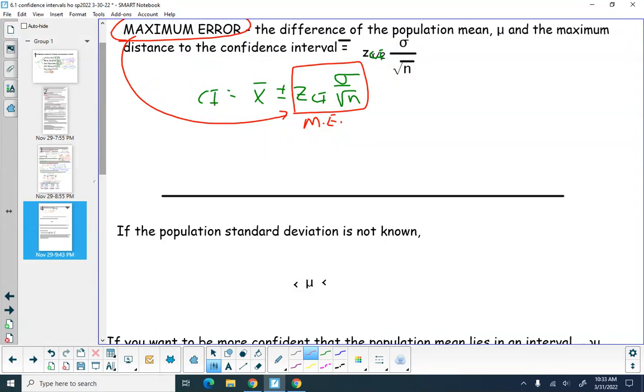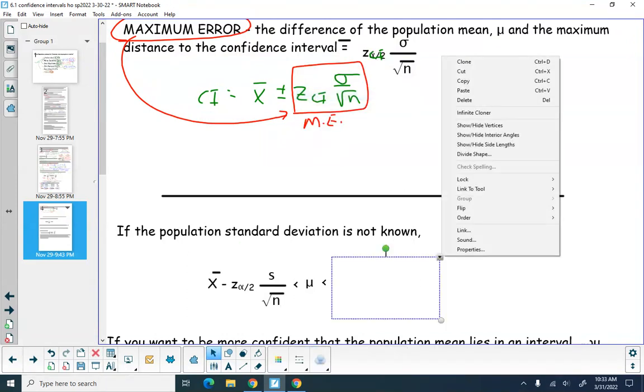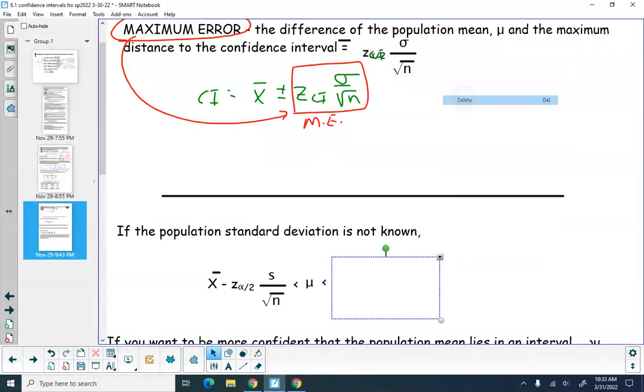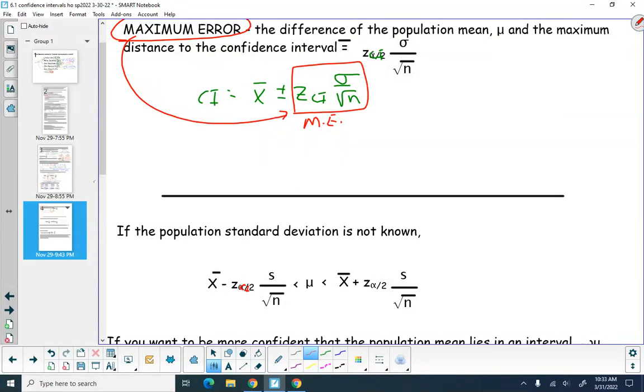If the population standard deviation is not known, that's fine. Use your sample. Alpha divided by 2 just means your confidence interval. Some books will just use the alpha divided by 2. If you don't know your sigma, you use S, and that's okay.